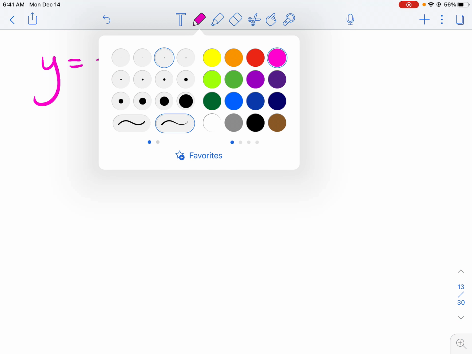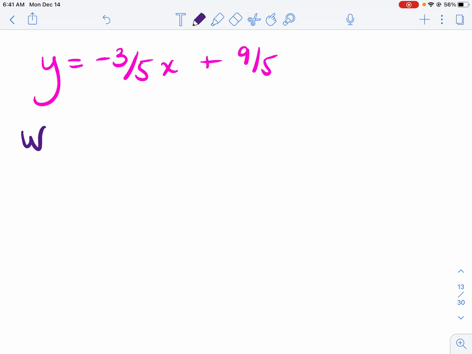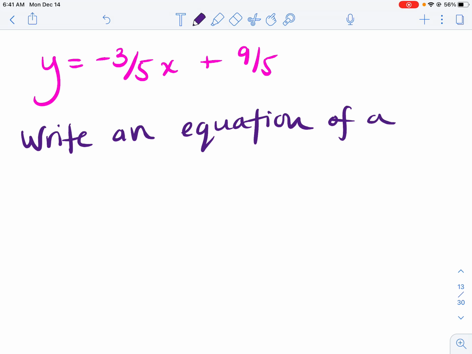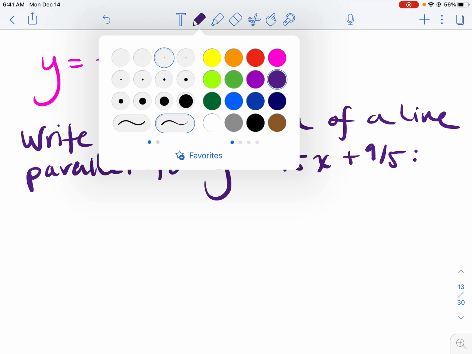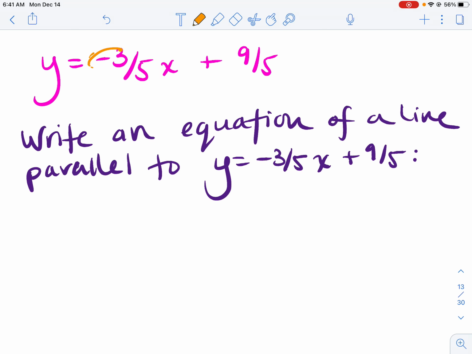If I asked you something like, write an equation of a line parallel to y equals negative 3/5 x plus 9/5, what could you write? Well, we know that lines that are parallel have the same slope. So parallel lines have the same slope.